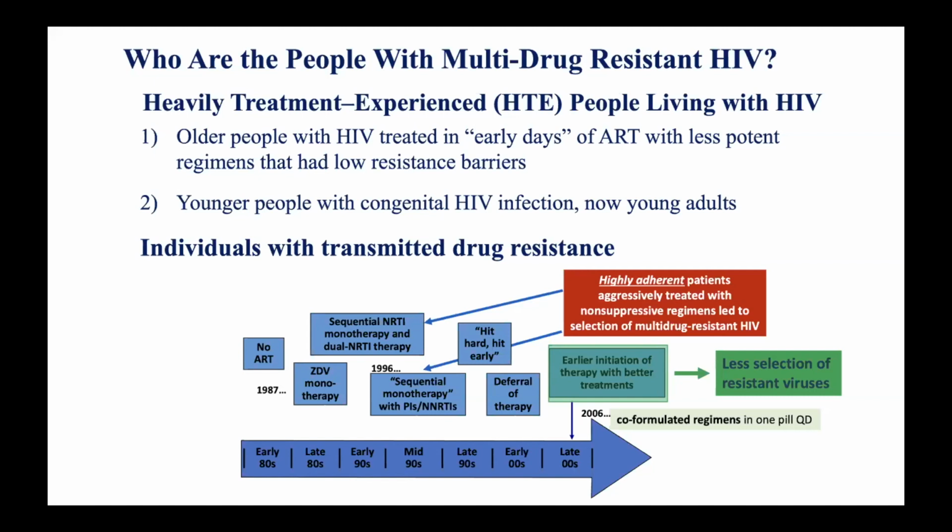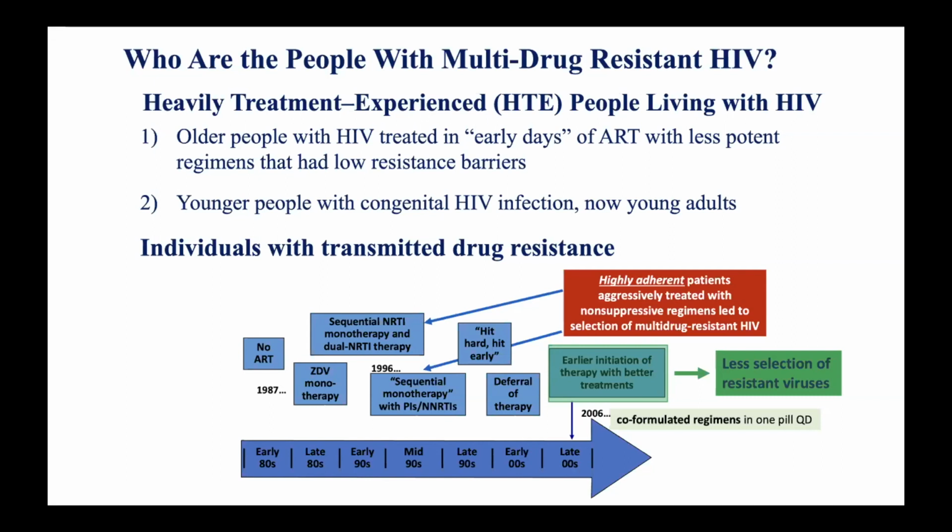Now, of course, we have early initiation of therapy with better treatment, with higher genetic barrier, and more potent. So today we have less selection of resistant virus. So this is very important. But the multi-drug resistant are normally older people that have been treated in the early days of HAART.